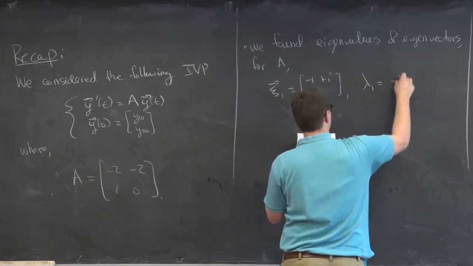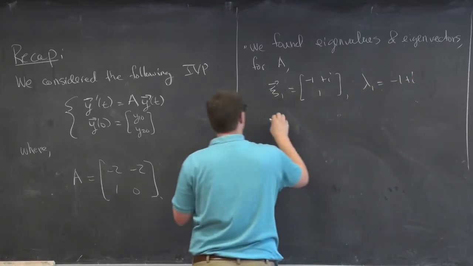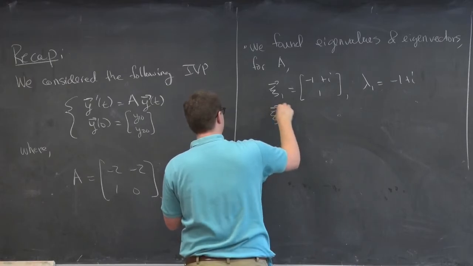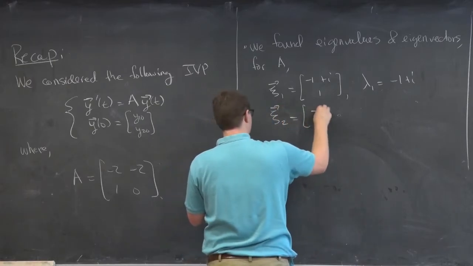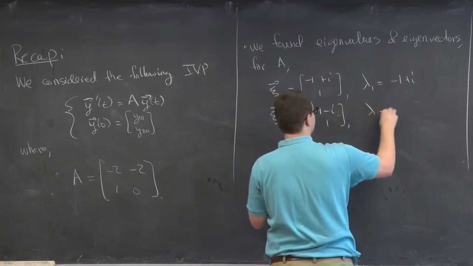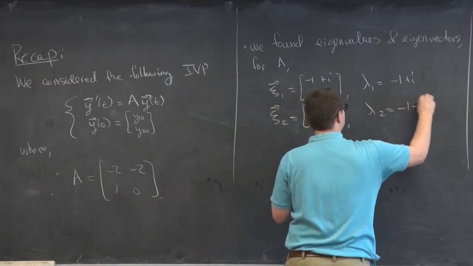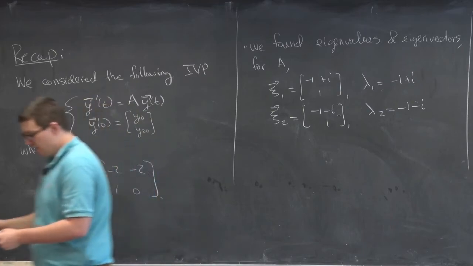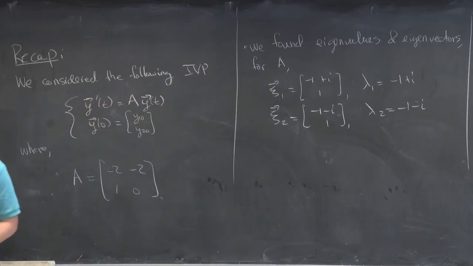Lambda 1 was -1 plus i. And then we had C2, which was -1 minus i, the conjugate of this, and lambda 2 was the conjugate here. Okay? So what we did was we expanded y in terms of the eigenvectors, right, to decouple the system.